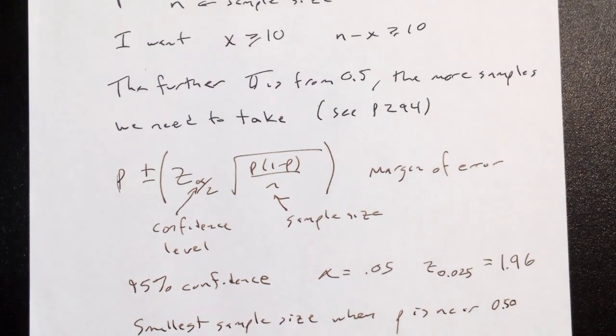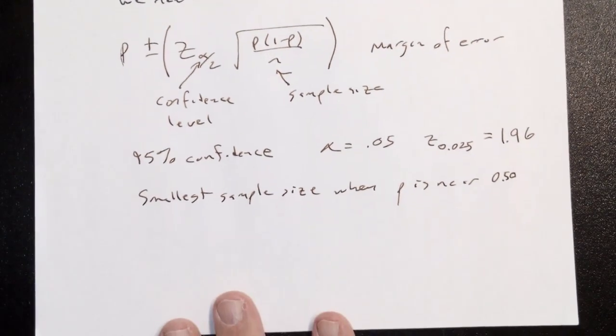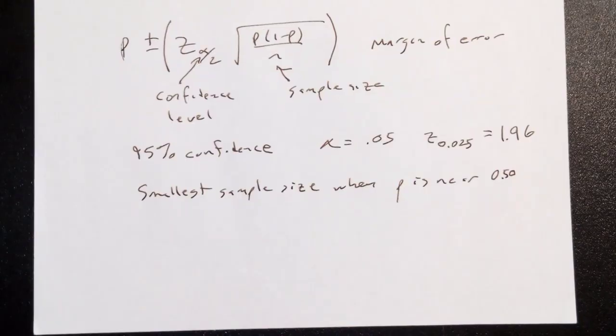So I could ask the question, using these two assumptions, what N do I need? How many people do I need for a particular margin of error?